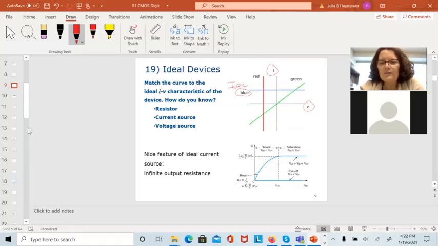If I have a constant voltage, it's going to be a vertical line because now the voltage is staying constant and the current is changing. The current can be whatever I need to get out of the circuit. The green line looks like a resistor, V equals IR, and has a slope of R, so this is a resistor for the green line.